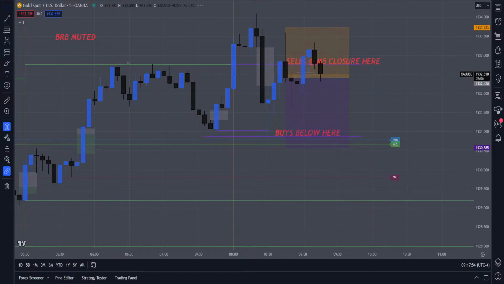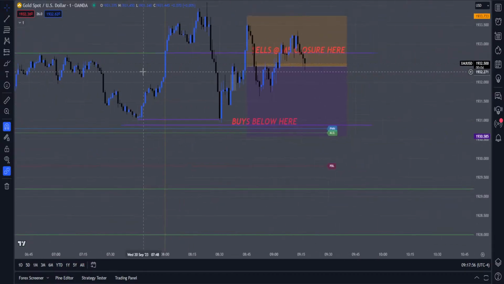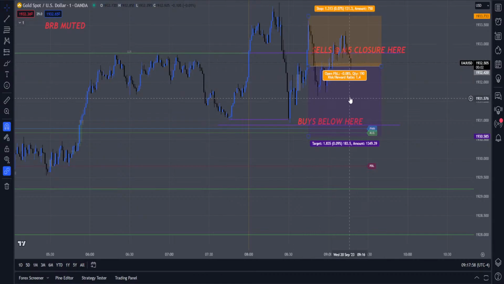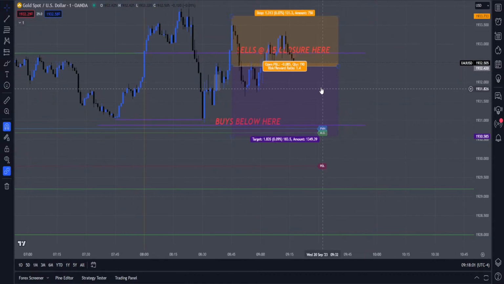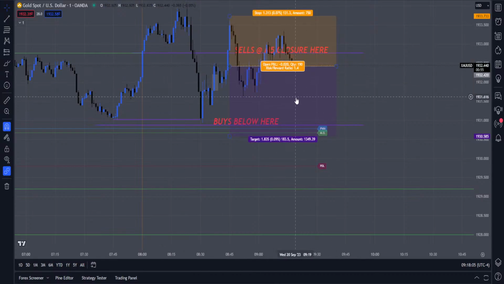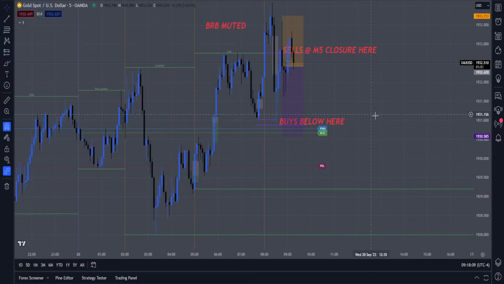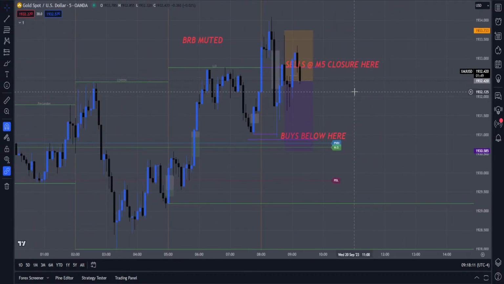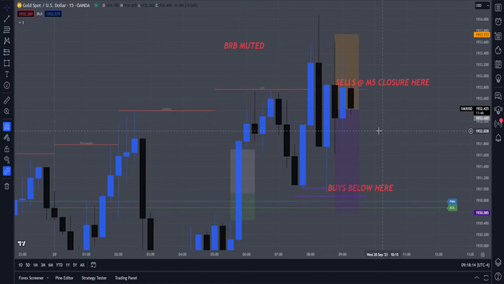On a 1 minute, let's see what it's doing. It's just selling now. The selling is pretty weak. It hasn't had a really big sell-off. It needs a really big red sell-off. Alright, here we are at break even again.